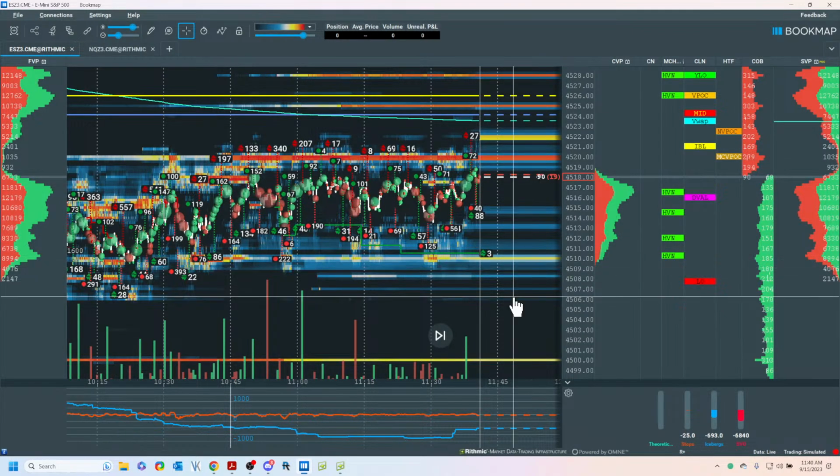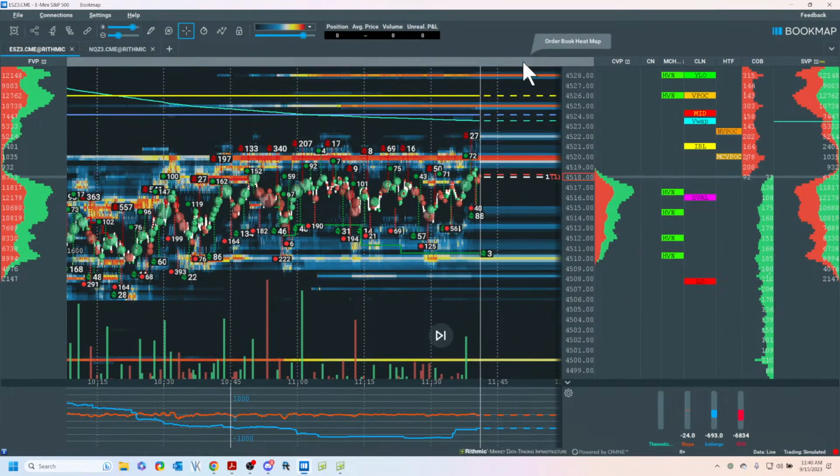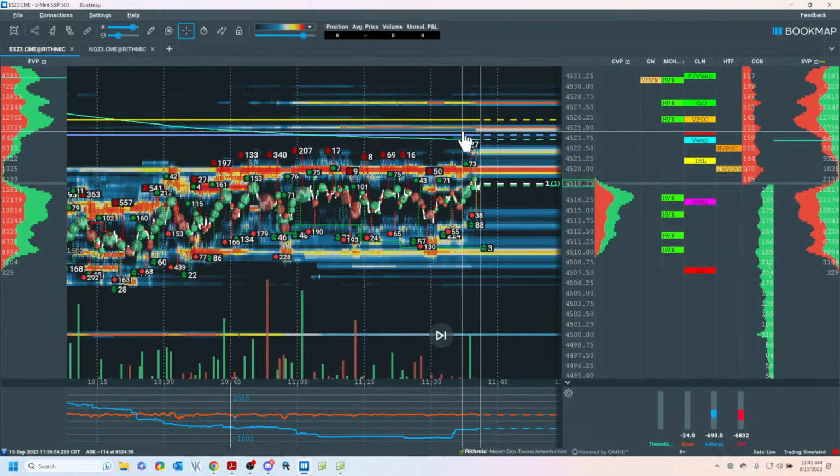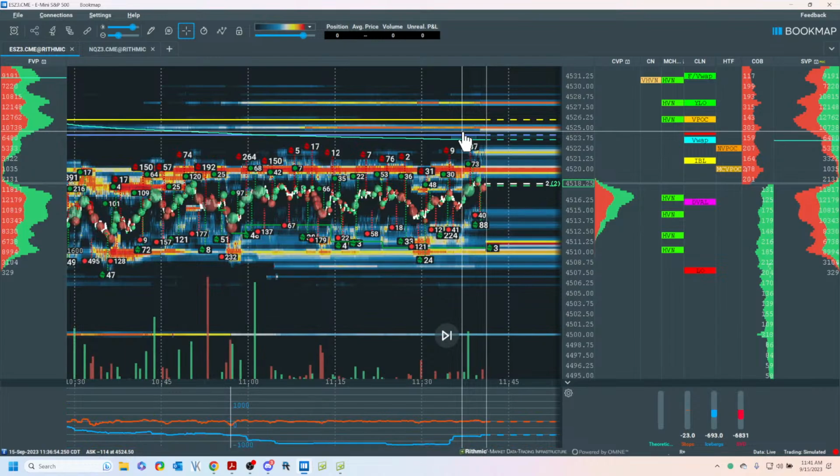I'm just trying to get over here to this part of the chart. I wish I knew what the problem was.